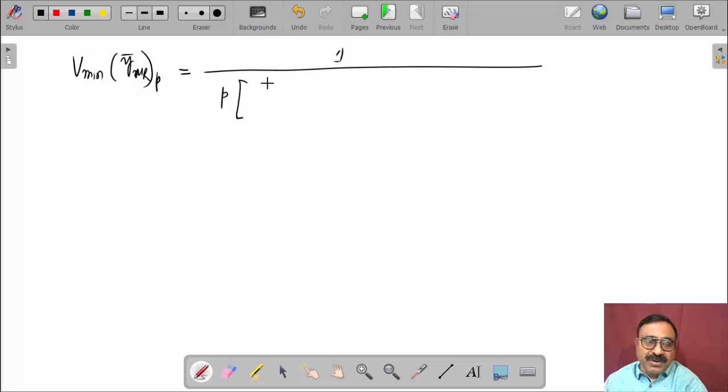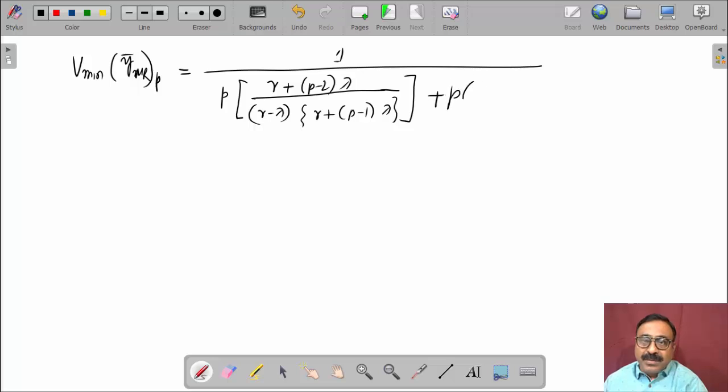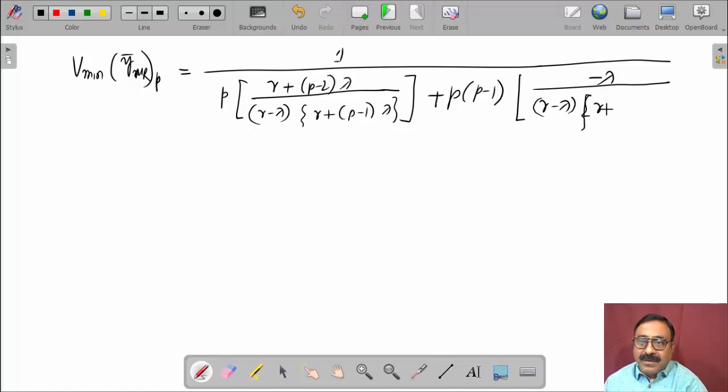In place of theta we shall put r plus p minus 2 lambda divided by r minus lambda into r plus p minus 1 lambda plus p into p minus 1, we have minus lambda divided by r minus lambda into r plus p minus 1 into lambda.